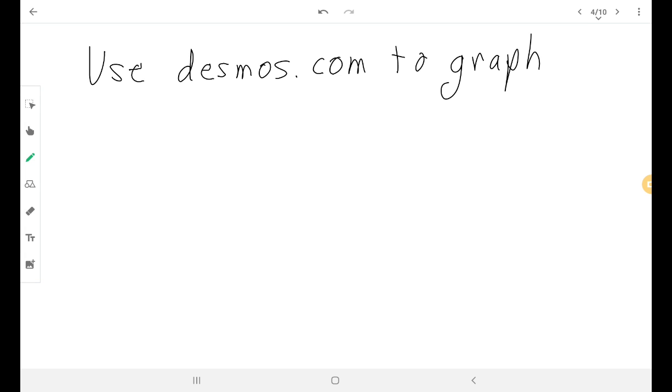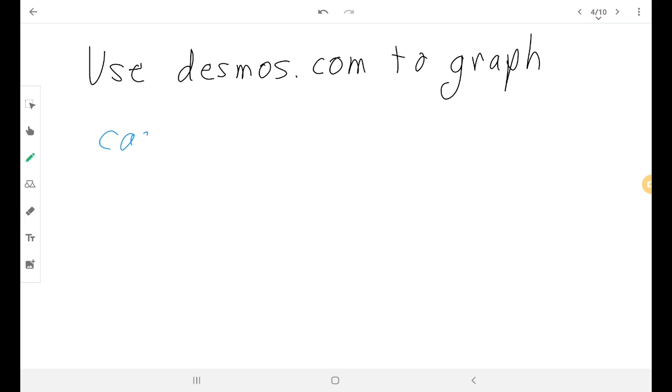There's a part in the lesson where it talks about using technology to graph various functions, and my go-to graphing technology is Desmos.com. Really, really good graphing technology. I highly suggest that you use it. However, I would add a bit of a caveat here.